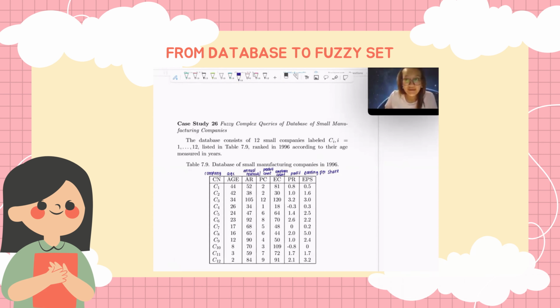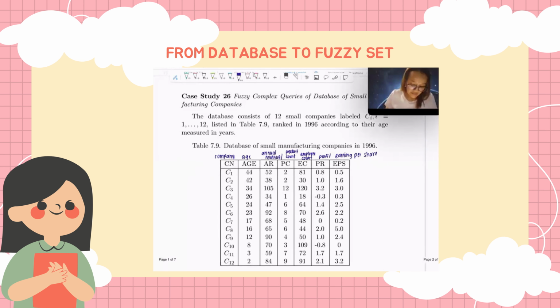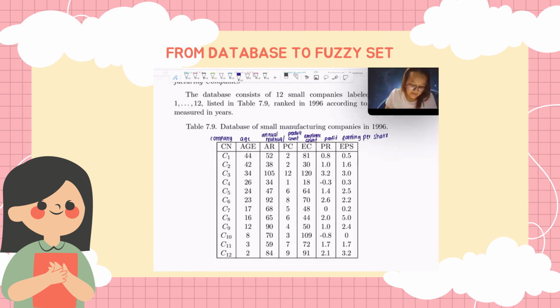Today I will show you how we take this database and change it to fuzzy sets. So let's look at these data sets. This data set contains company, age, annual revenue, product count, employee count, profits, and earnings per share. And there are 12 companies in here.